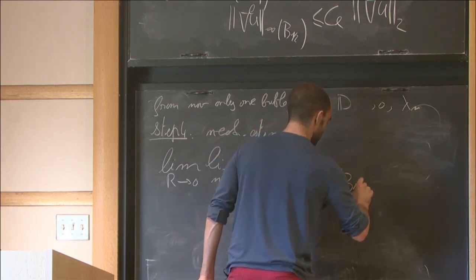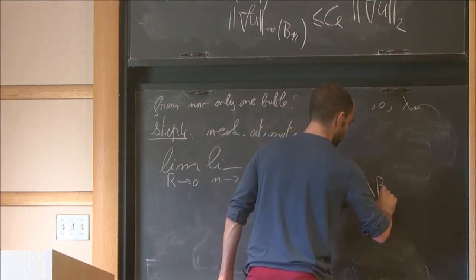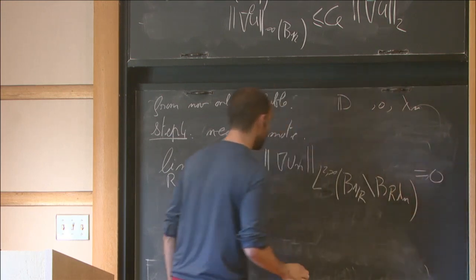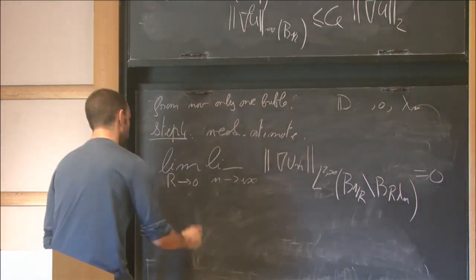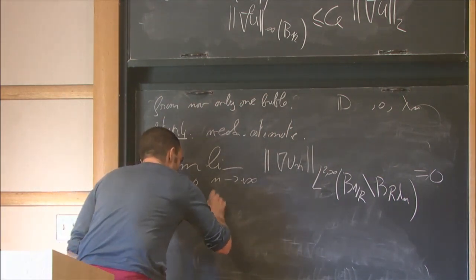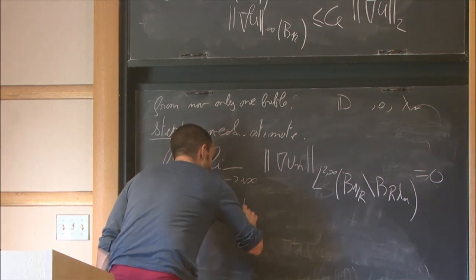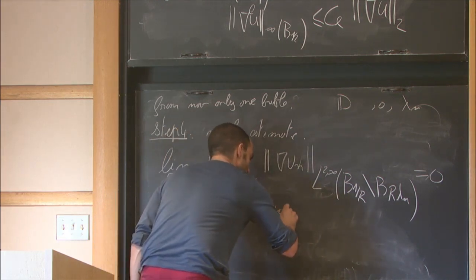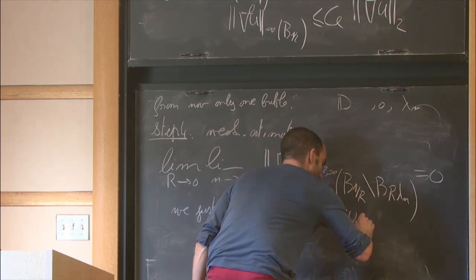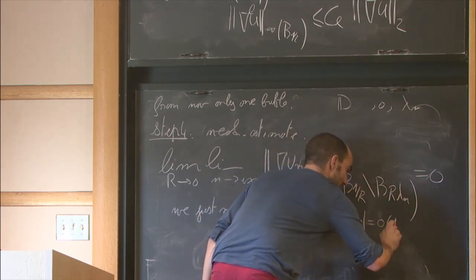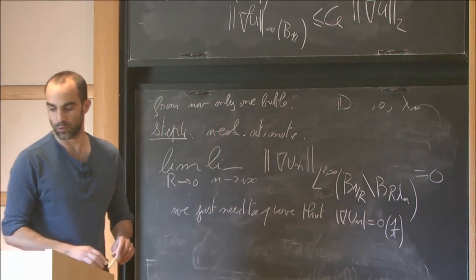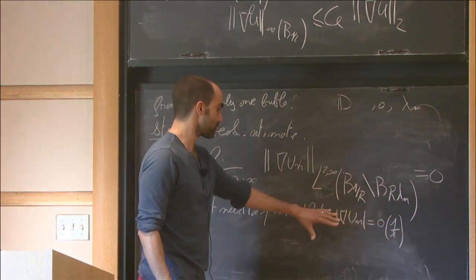So it's B1 over R minus BR lambda n. In order to do that, I have just to prove that nabla un is a little o of 1 over r, because 1 over r is in the weak L2 space, so we just need to prove that.